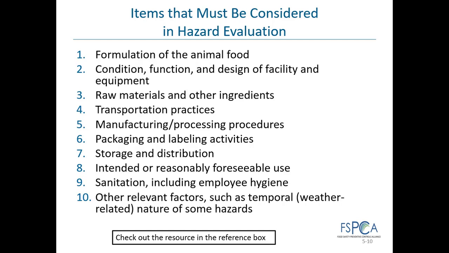But there is some work being done through AAFCO, the American Association of Feed Control Officials, to help come up with a list of known or reasonably foreseeable hazards. So you could just take your intended species and use their list to say, okay, these are what's known or reasonably foreseeable for this particular species. Maybe by the time you're watching this recording, that is available to you. But at this point, you kind of have to do your own legwork on that.